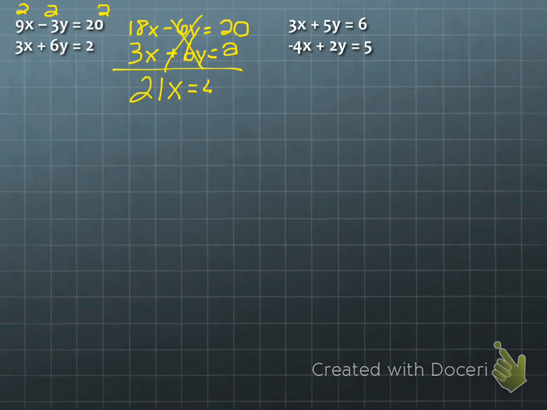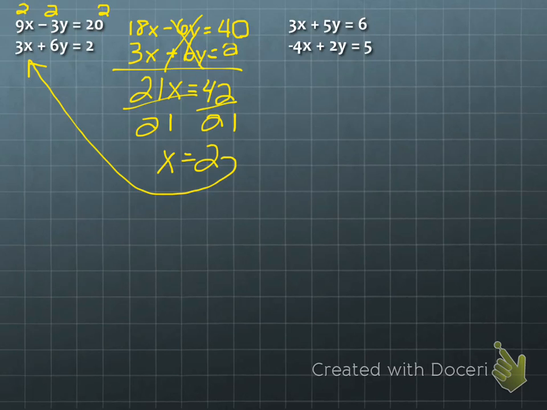Oops, I forgot to multiply. Mr. Metzger making mistakes. Should be 40. There we go. So when I add those together, then I get 42. Divide both sides by 21. So x equals 2. Then just like we did yesterday, plug the 2 in for x of one of the equations.